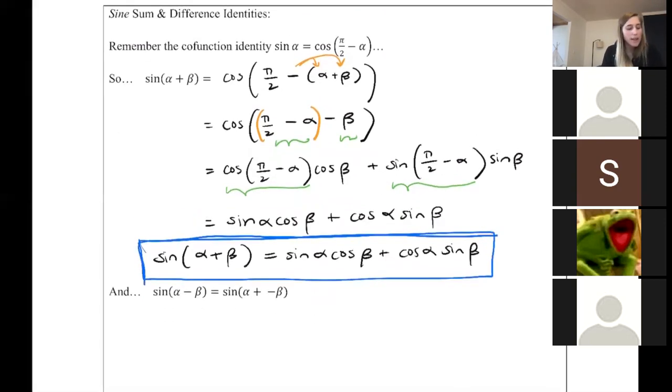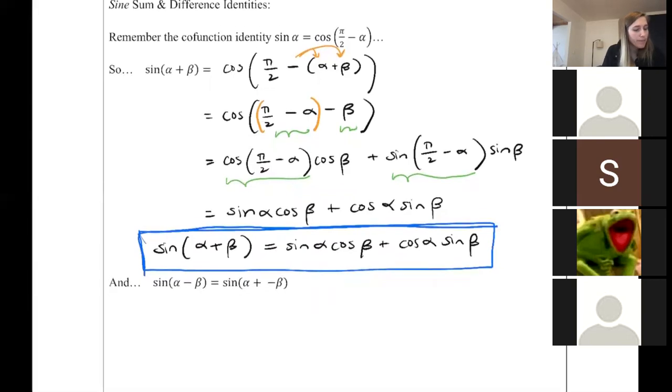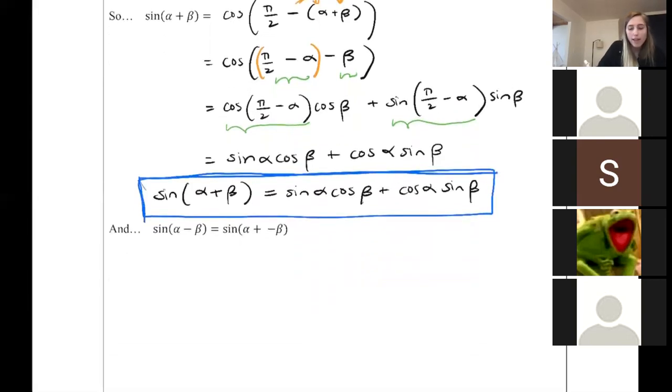So that's the sum identity for sine. And then super easy to derive the difference identity, right? So alpha minus beta can be written as alpha plus negative beta.